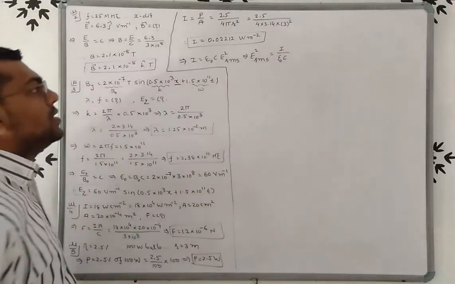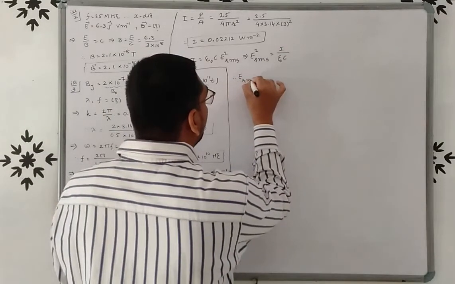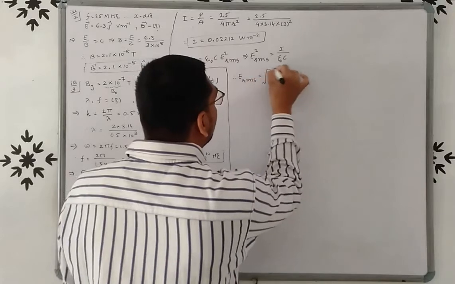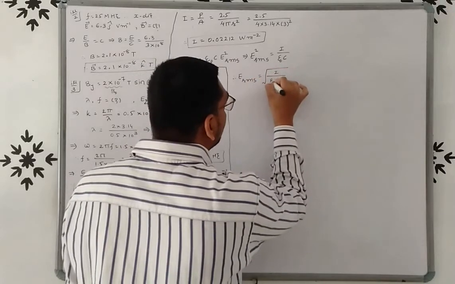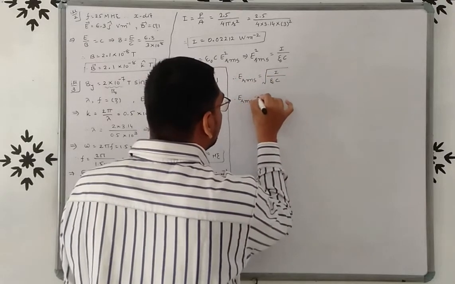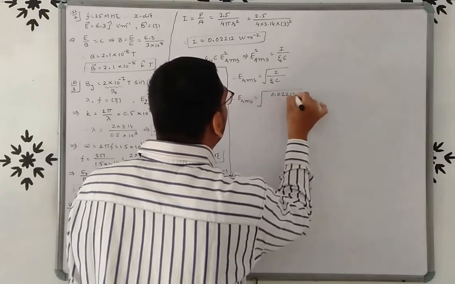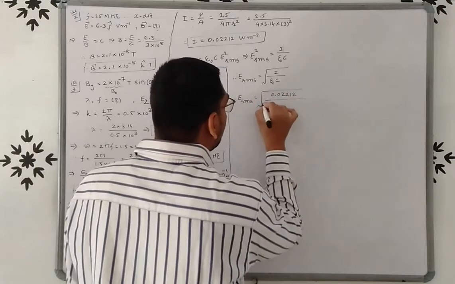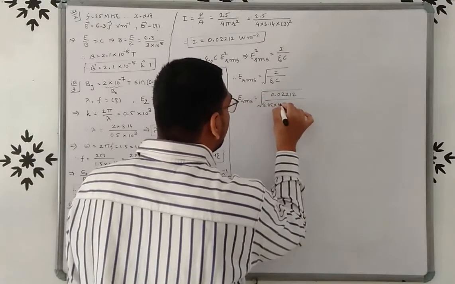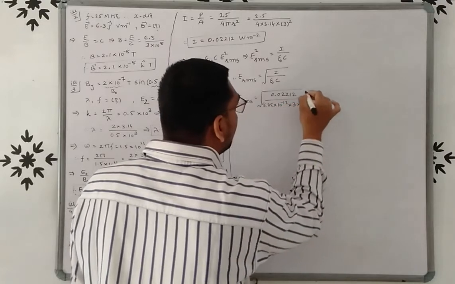So to find E RMS, we have to take the square root. E RMS is equal to the square root of I by epsilon 0 c. So E RMS is equal to the square root of 0.02212 divided by epsilon 0, 8.85 into 10 raised to minus 12, and the value of c, 3 into 10 raised to 8.